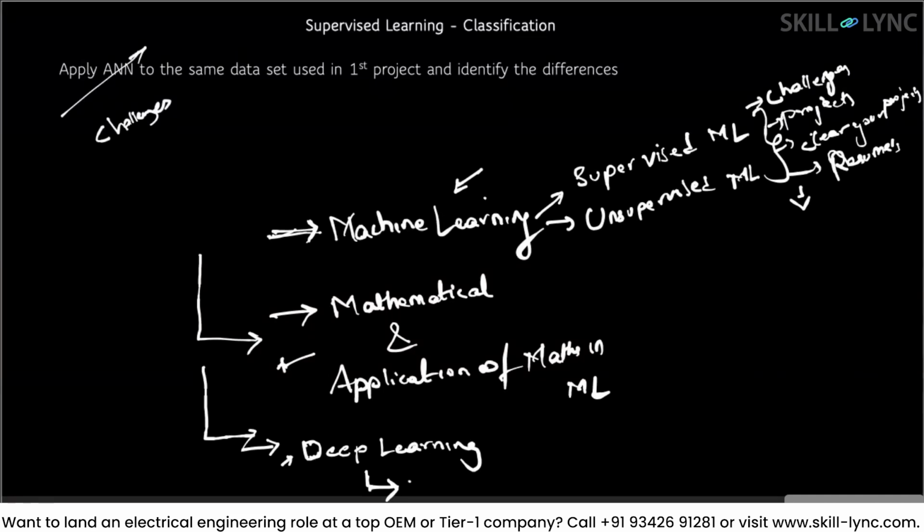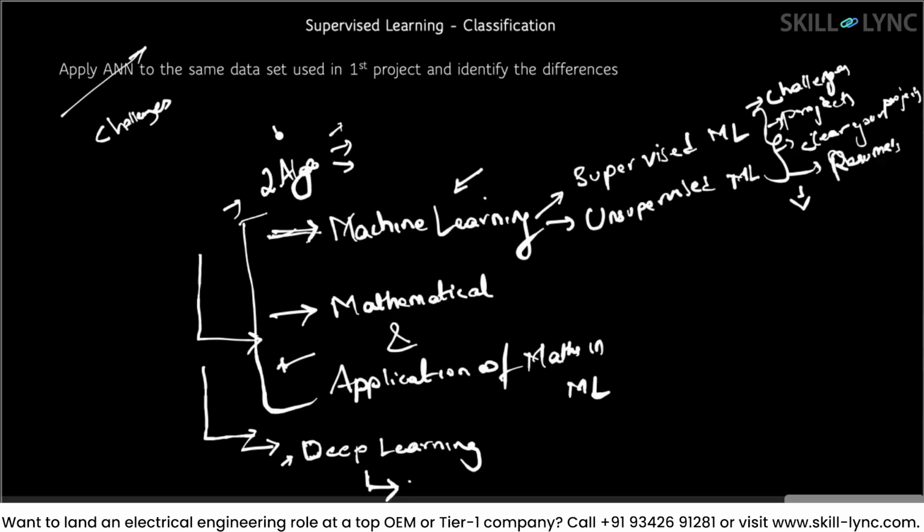One more thing I wanted to tell you: once you complete these two courses, first and second, you should be very good in at least two algorithms, in and out, with concept, with coding, and with mathematics.